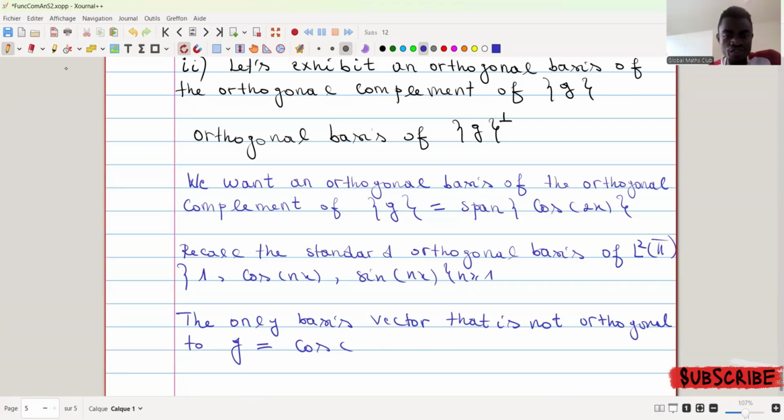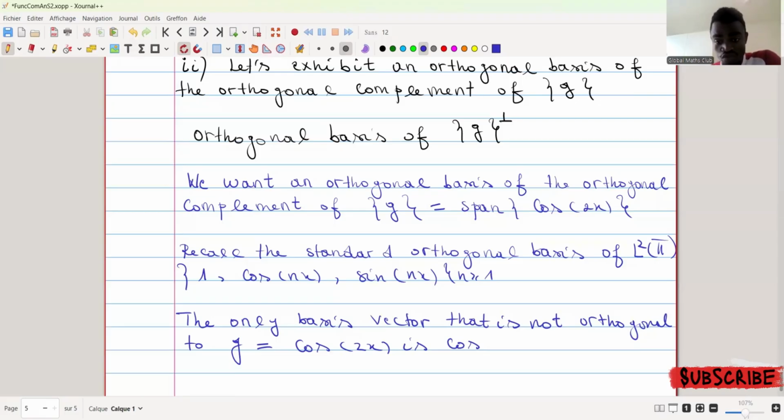So we have to remove cosine 2x in the basis, because that integral is not equal to 0, as we previously did.